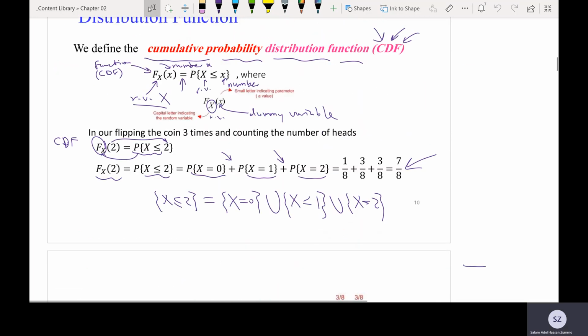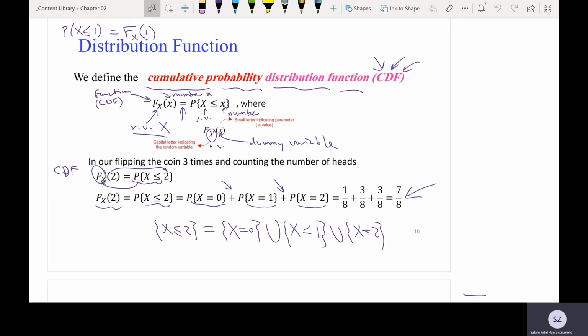We defined what we call the cumulative distribution function, or the CDF, cumulative probability distribution function. And this will be used across the whole course from now until the end of the course. This is a function that basically describes how the probability accumulates over the value of x.